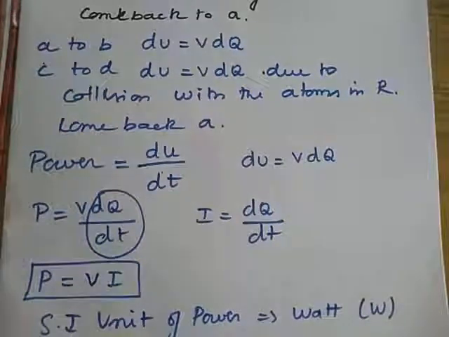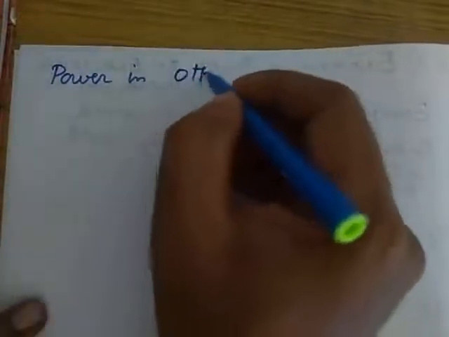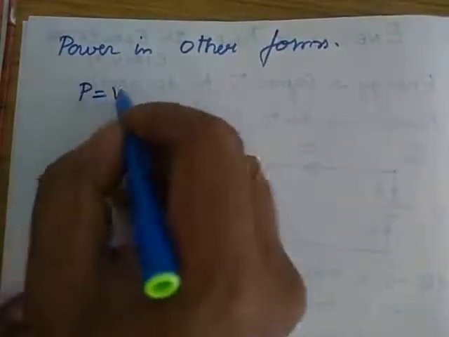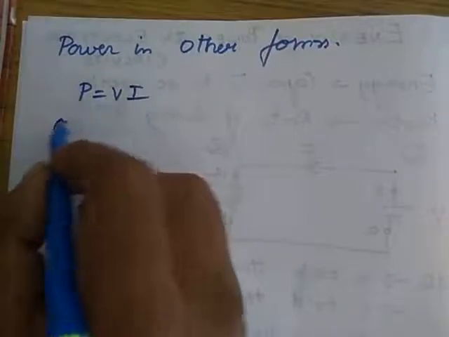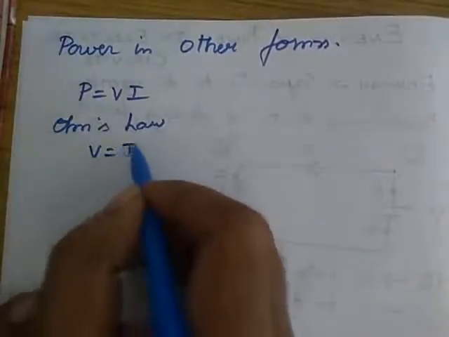We can write power in other forms also using Ohm's law. We know power is equal to voltage into current. By Ohm's law, V is equal to IR.